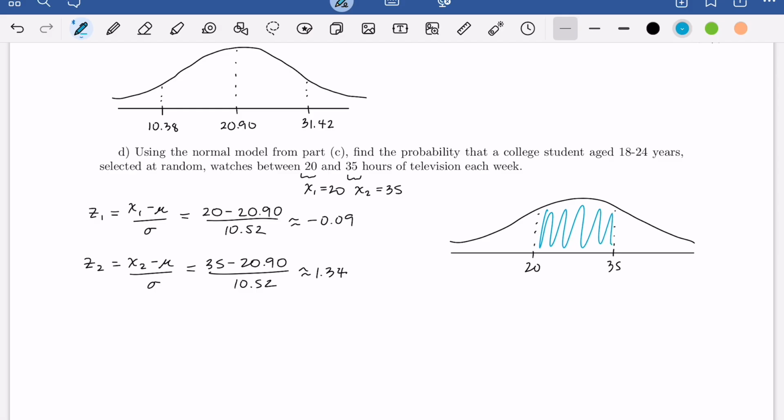Okay, so the z-scores, let's draw our curve here, corresponding to these x values we found to be negative 0.09 and 1.34. So if we look at table 5, we're going to find the area under the curve to the left of these values.